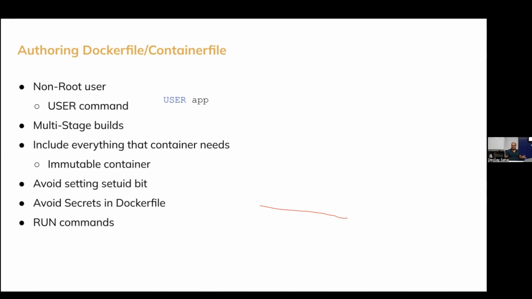Next is multi-stage builds. So many times whenever you are building your Docker container, you might be, let's say, first compiling your application and then adding things on top of it. And then finally the artifact gets built and you publish that. But in this case, when you build that Dockerfile, you will have a lot of unnecessary tools built up in the chain. Let's say you don't need a Java JDK, you just need a JRE.